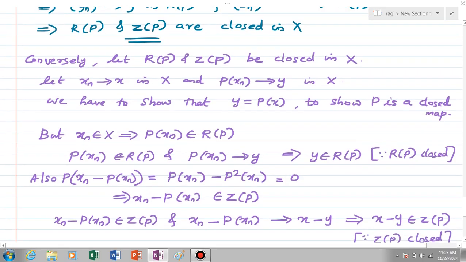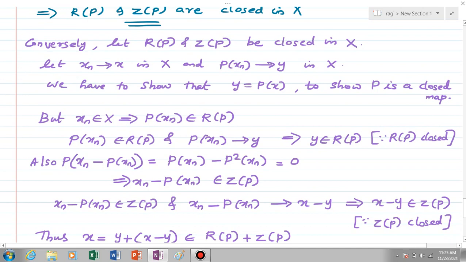Also, P(x_n) minus P(P(x_n)) is equal to P(x_n) minus P square of x_n, which is equal to 0 because P square is equal to P, implies x_n minus P(x_n) is an element of Z(P). And x_n minus P(x_n) converges to x minus y because x_n converges to x and P(x_n) converges to y by our assumption.